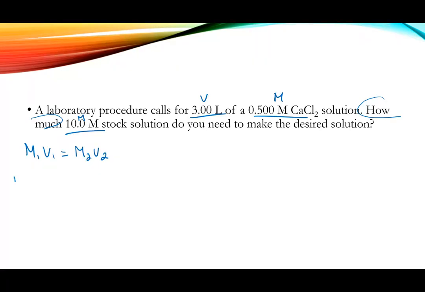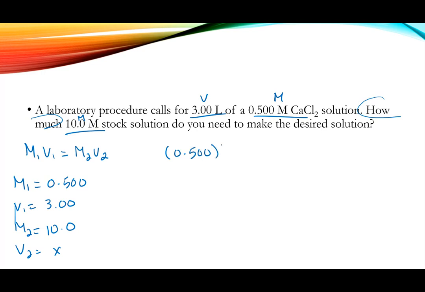So writing out what everything is, M1 is 0.5, V1 is 3, M2 is 10, and V2 is my unknown. And then just go ahead and plug that into the equation. So 0.5 times 3 equals 10 times x.